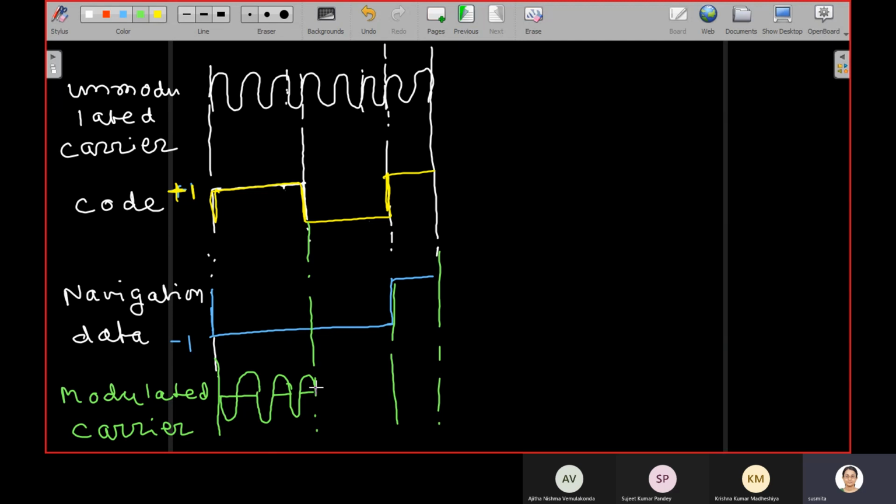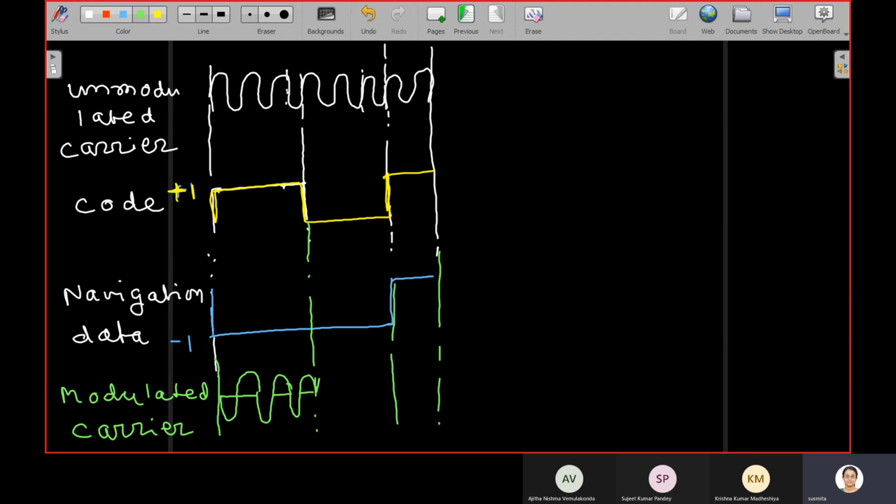Right? Okay, now over this, what do we have? We have minus 1 for code. We also have minus 1 for navigation data. So minus 1 times minus 1, we get plus 1, right? Which means we need to multiply plus 1 to the unmodulated carrier, right? The carrier will remain unchanged over this, correct?